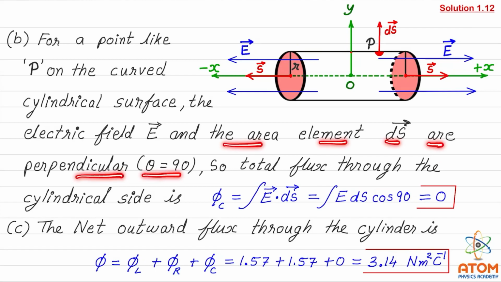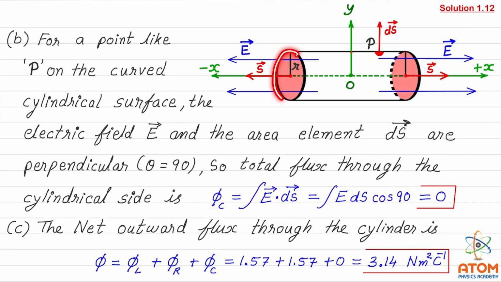That's why theta is 90. So the total flux through the cylindrical side, let us say phi C, is the integration of E dot ds. So it is the integration of E ds cos 90, but cos 90 is 0, that's why the whole answer is 0. That means phi C is 0.